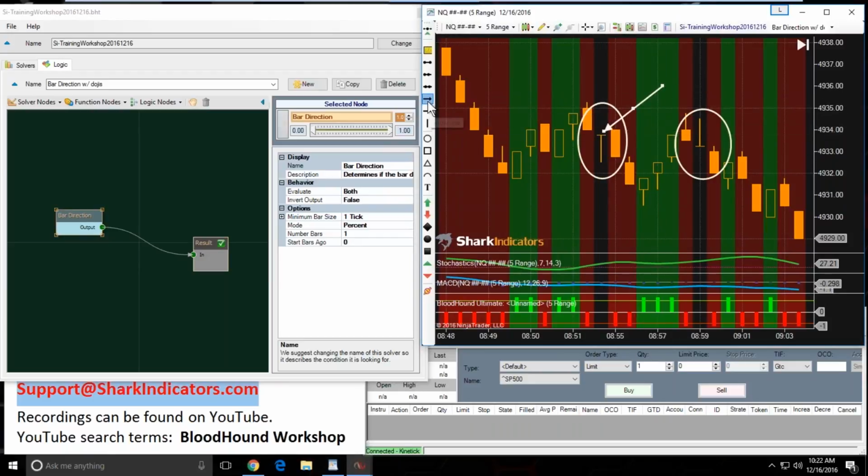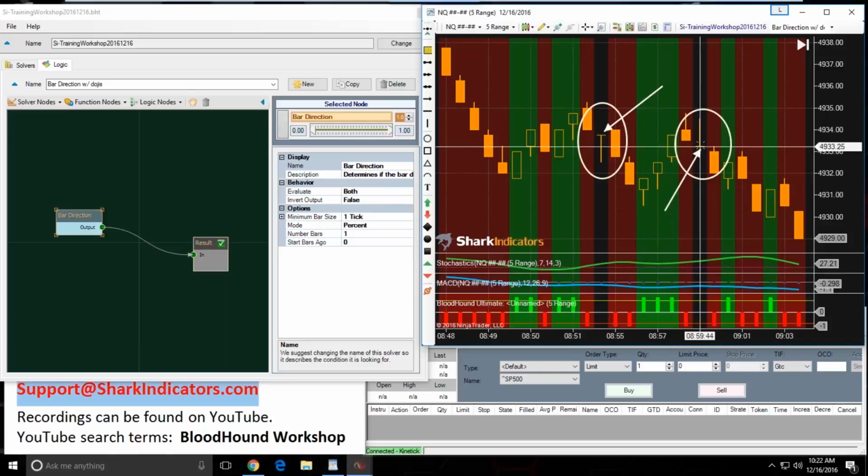So what these dojis have in common is that the close is at the high or the close is at the low. So what we can do is a comparison. We can compare the closing price to the high price of the bar, or we can compare the closing price of the bar to the low of the bar.